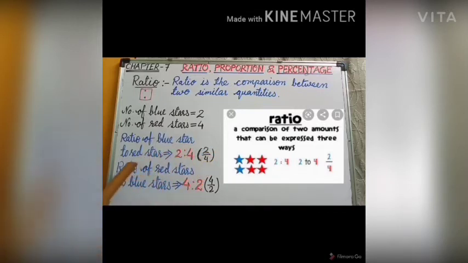And if we want to compare red stars with blue stars, that means ratio of red stars to blue stars, 4:2. Red stars are 4 and blue stars are 2, so we can write as 4:2. This is the symbol of ratio, and we can read as 4:2, and it can be written in fraction also, like 4 by 2.